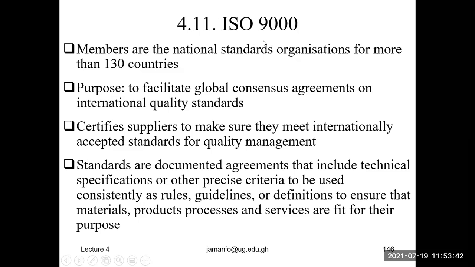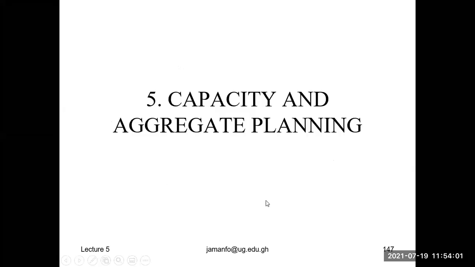It's a kind of certification that when companies get it, right at their reception, front desk, you see that we are ISO certified, proud to be working at ISO standards. Read on it. And next week, let's start capacity and aggregate planning. Thank you very much. Thank you too, sir.